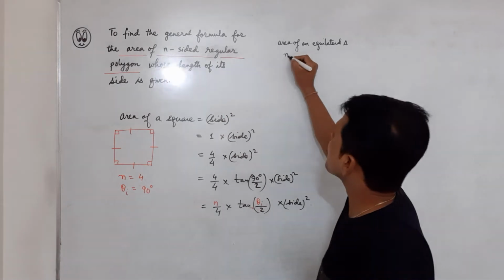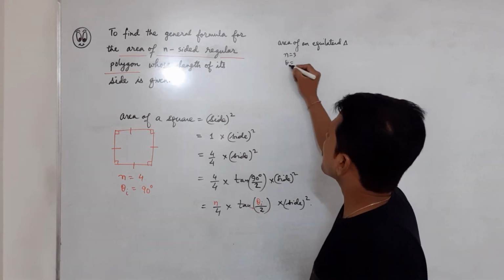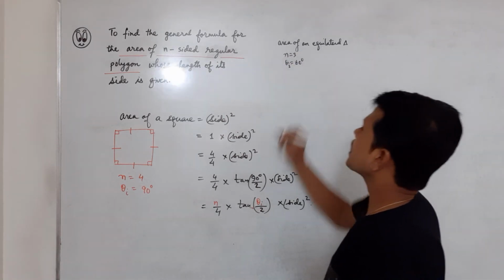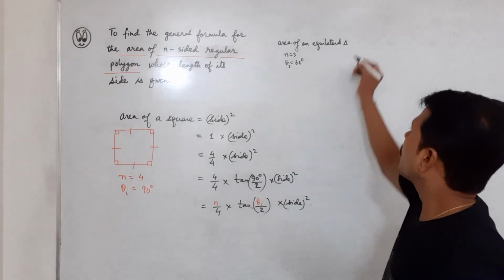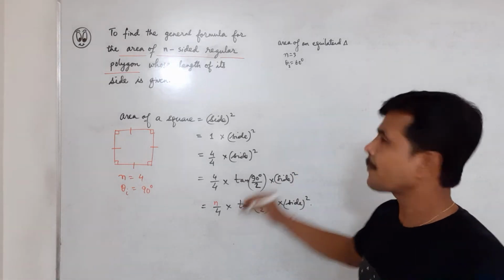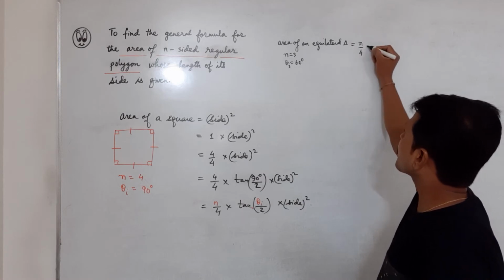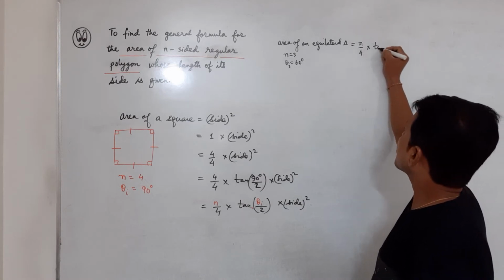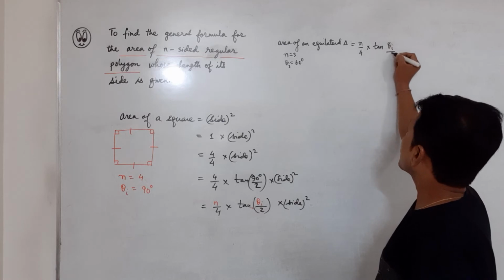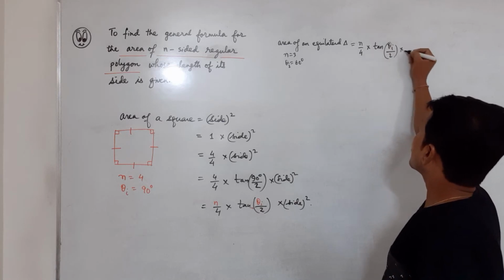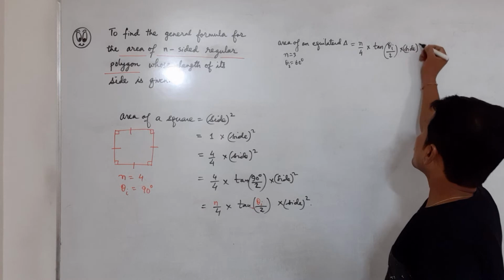So number of sides is equal to 3. What is the measurement of each interior angle? 60 degree each. Right? Now, I am using this formula to find the area, which is equal to n upon 4 into tan of half of the interior angle into side square.